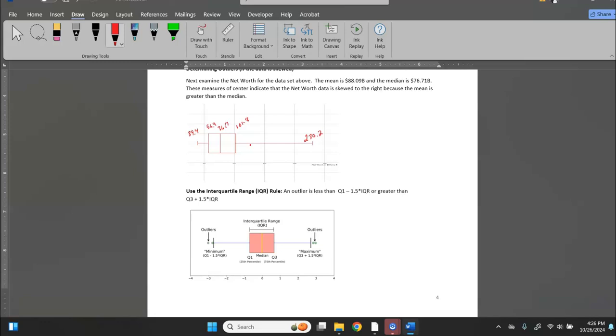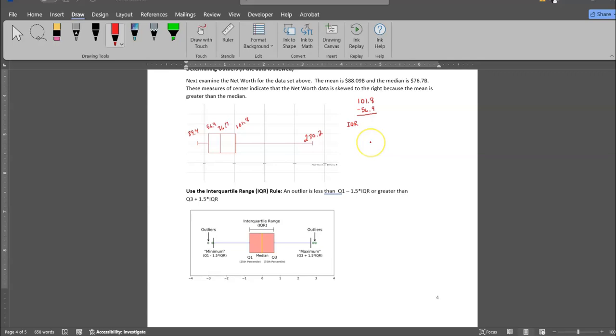Okay, so we're going to find this interquartile range. So we're going to take 101.8, and we're going to subtract the 56.9 to get our interquartile range value. So we end up with $44.9 billion.